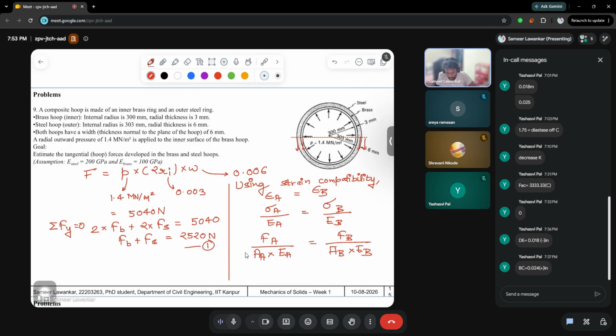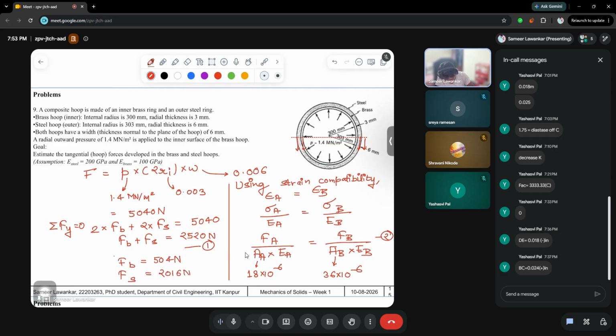So when you put each of the values up here, area AA will be equal to 18 into 10 to the power minus 6. AB is 36 into 10 to the power minus 6. Therefore using equation number 1 and equation number 2, two equations, two unknowns, you can get the value of F brass as 504 newtons and F steel as 2016.